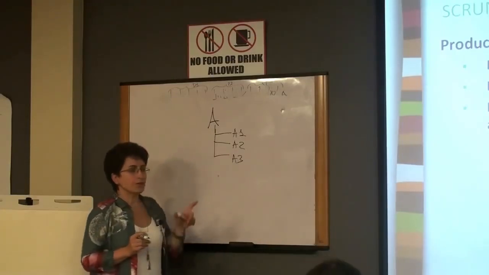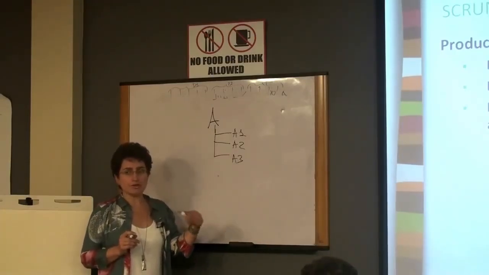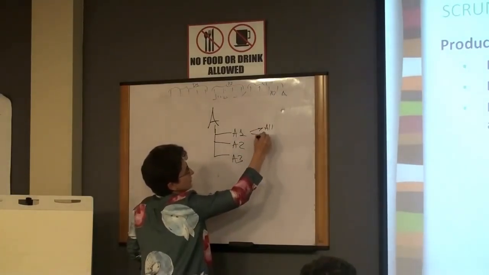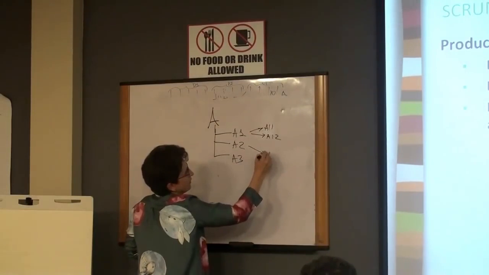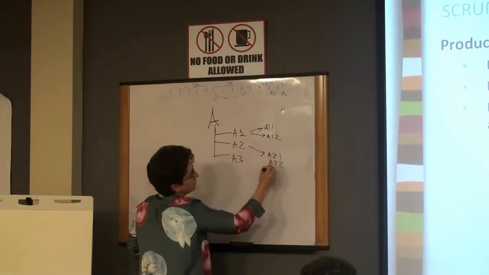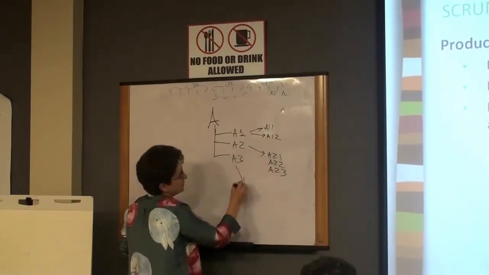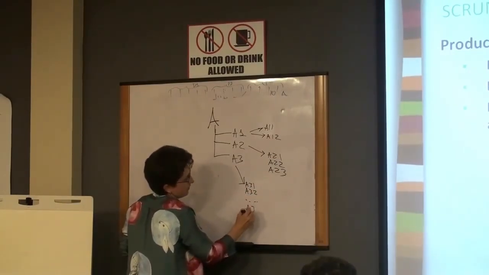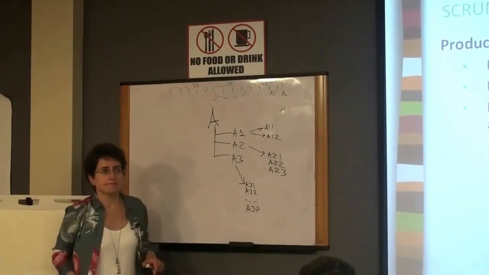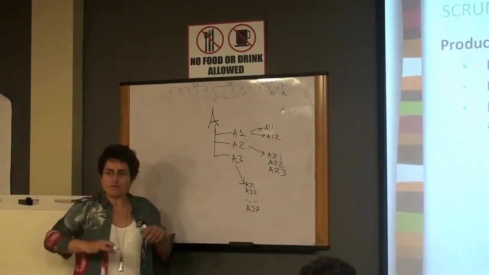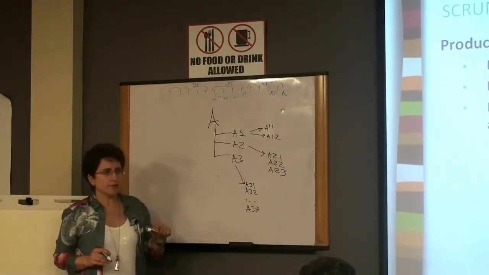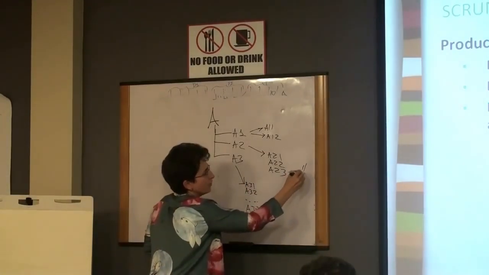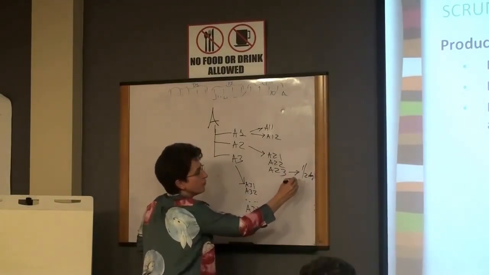Chances are you may not be able to reasonably project. What you do then, you break it down to A11, A12, A21, A22, A23, and this may be A31, A32, so forth, A37. See, you're breaking down the features to smaller pieces until each piece takes you no more than half a day or 4 hours.